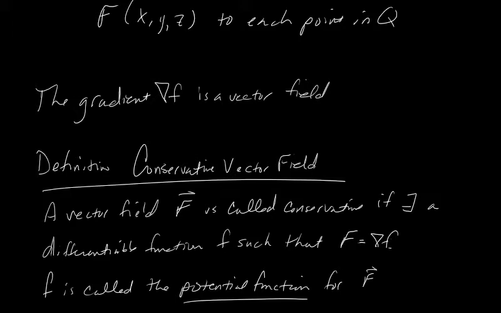So we need to be able to tell when a vector field is actually the gradient of some function. I forgot to put that on there. We need to know when this vector field is a gradient. So how do we know that? Suppose I'm given a vector field equal to M in the i direction plus N in the j direction, and I want to know, is this equal to the gradient of some function f?